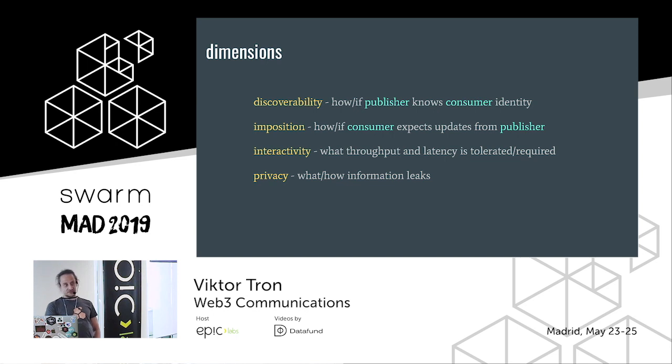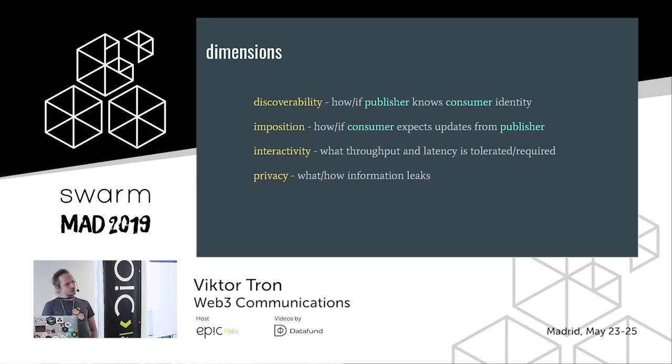So in terms of the communication modalities, it's important to recognize what the relationship is between the sender or publisher and the recipient or consumer, whether the sender needs to know the recipient's identity, or what aspect of its identity is revealed to them.